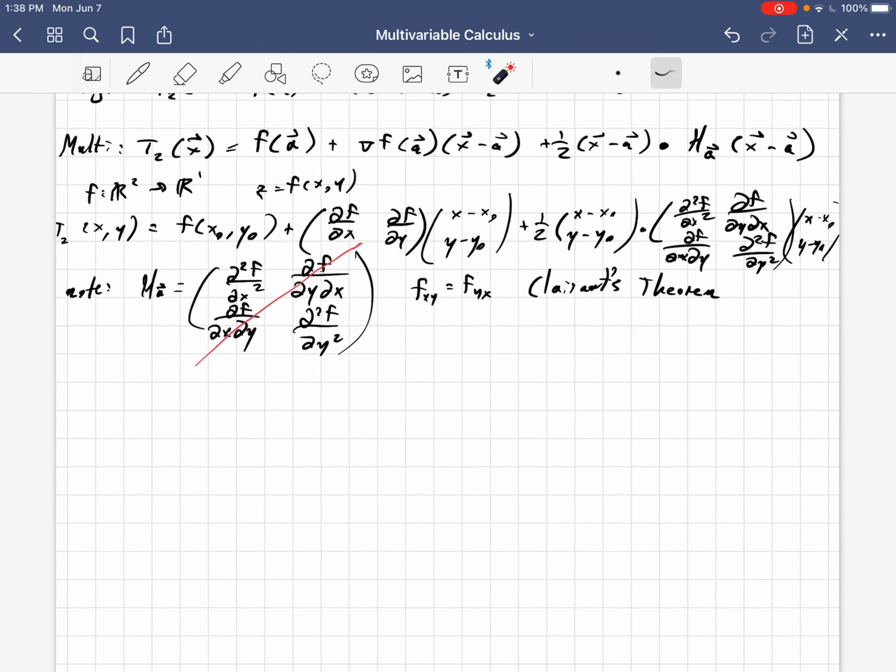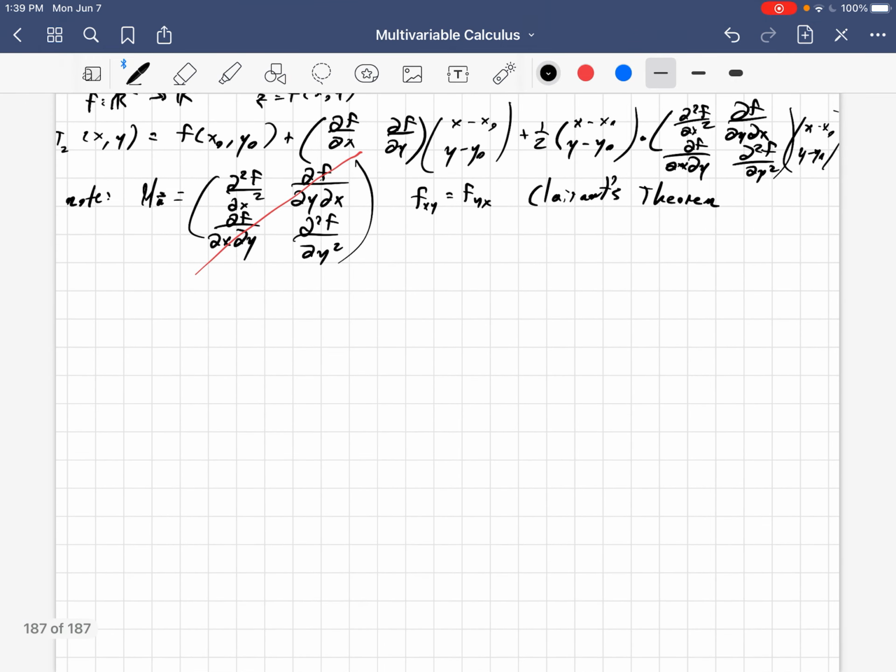When you multiply all of this out, it might look scary at first, but it's actually kind of nice. So you're going to get f of x naught comma y naught, when you're evaluating this at the point x naught comma y naught, of course, plus the partial of f with respect to x, and that partial is going to be evaluated at x naught comma y naught, but I'm not going to write x naught comma y naught forever, because it's going to take like 3 lines to write.